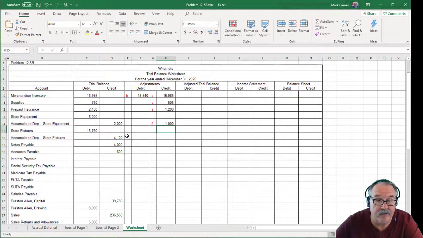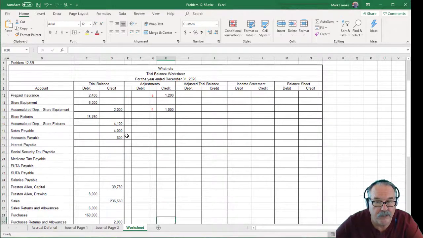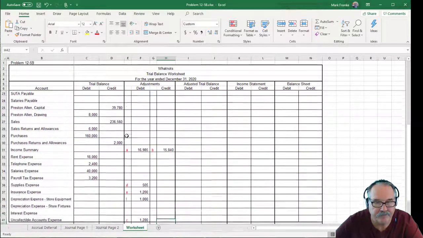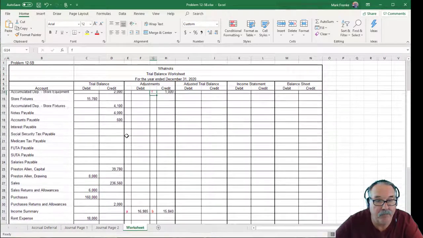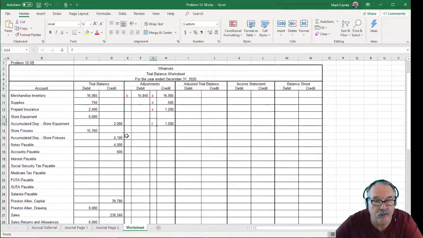Item G is the same sort of thing, but this time it's on store fixtures. We debit depreciation expense, store fixtures. This is $2,050, item G. And I'm going to put the credit to accumulated depreciation on the store fixtures, $2,050.